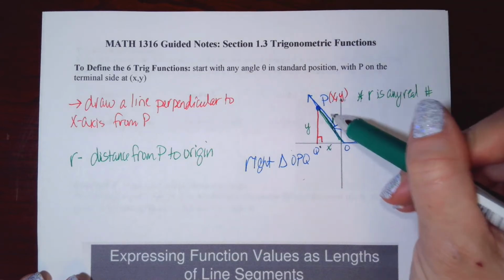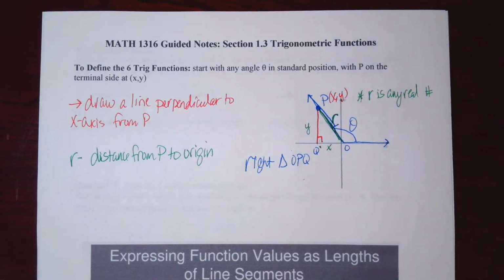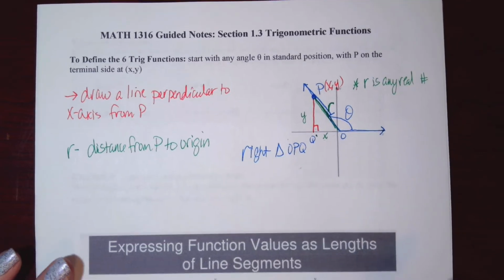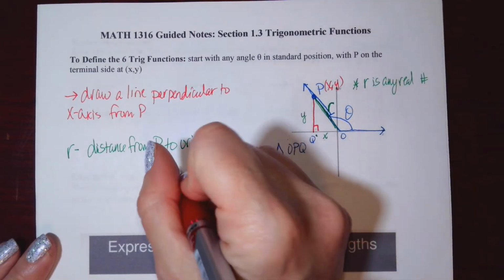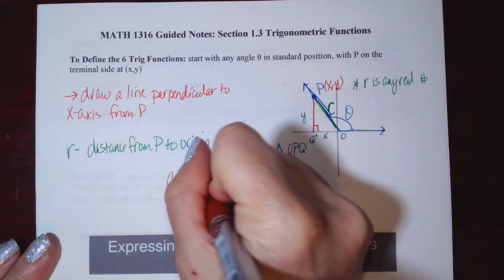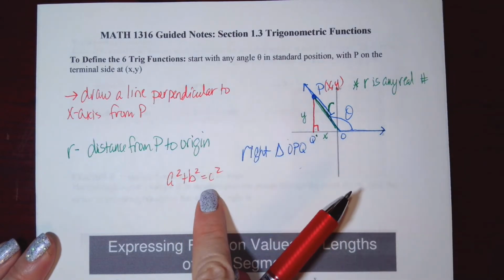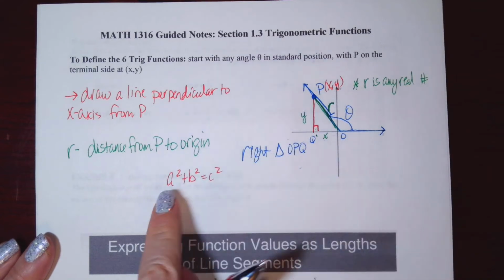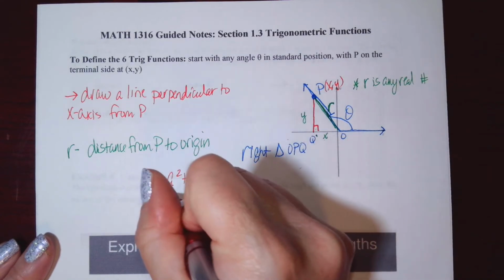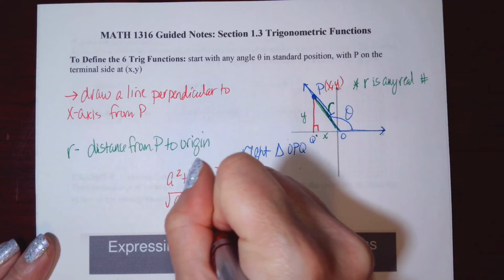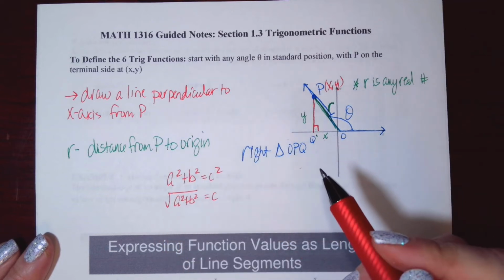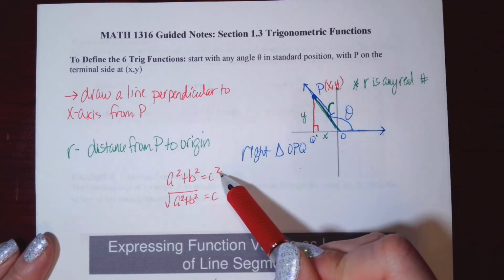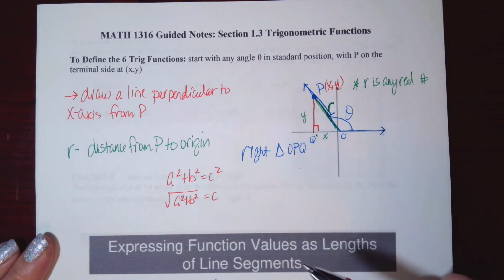Also, hopefully you remember that with right triangles you have the Pythagorean Theorem, so that a squared plus b squared equals c squared, where c is my hypotenuse. If I want to solve for the length of that hypotenuse, I would take the square root of both sides. Since we're talking about measurements of distances on that triangle, everything's going to be positive. So when I take the square root, I don't have to worry about plus or minus.